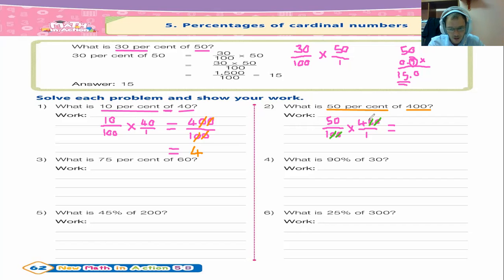And then we'll have 50 times 4 equals 200. And 1 times 1 is 1. So our final answer will be 200. If we don't do the simplification, how will we calculate it? Let's have a look. Let me just clear this.